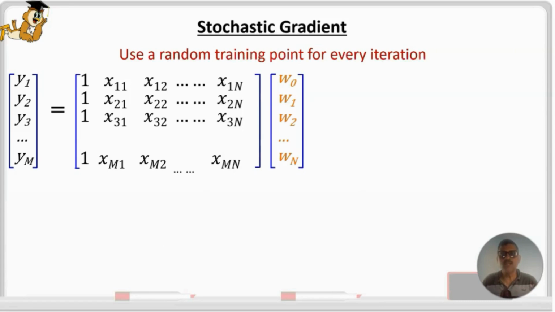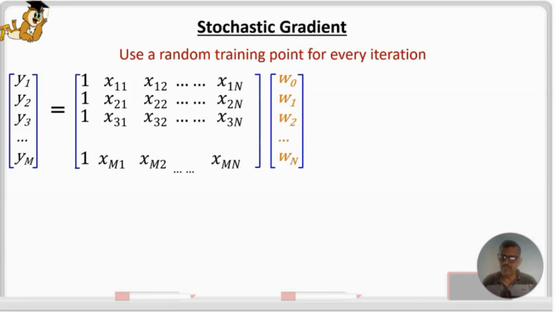As opposed to that, in stochastic gradient, in every iteration you take any one random training point, okay, and move in the direction defined by that training point, right? And then you hope that the averages sort of work themselves out over all the iterations.